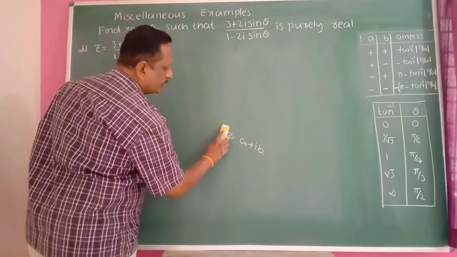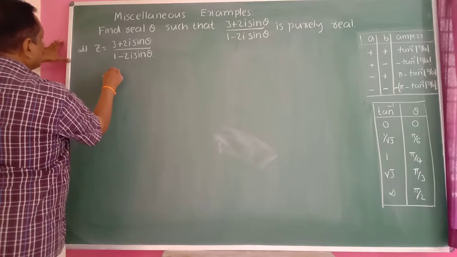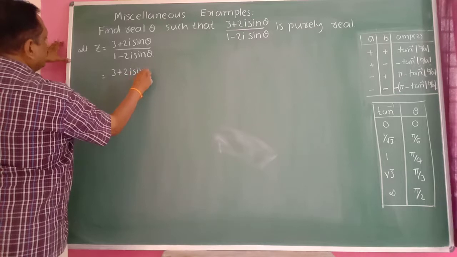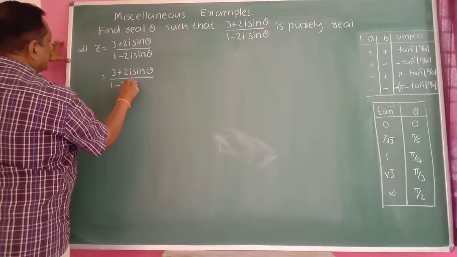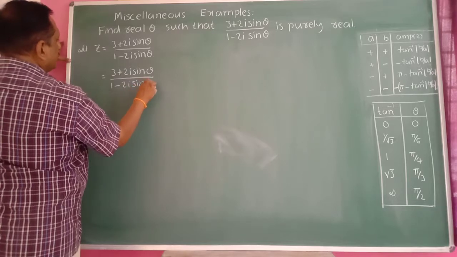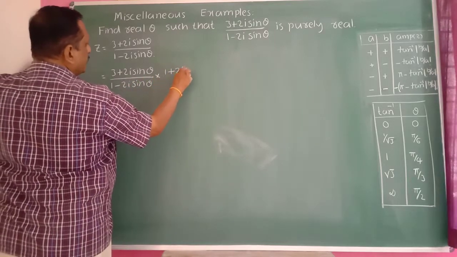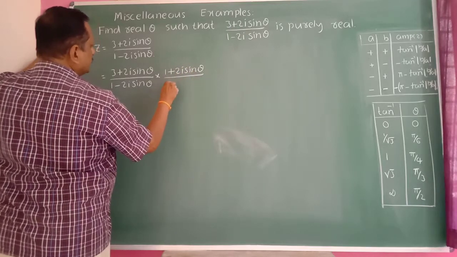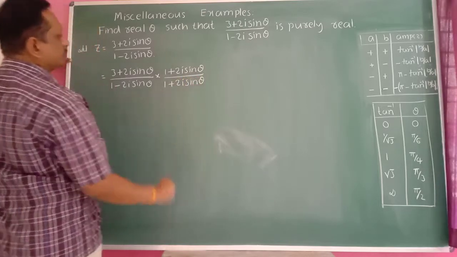Okay. Therefore rationalize here. 3 plus 2i sin theta divided by 1 minus 2i into sin of theta, into 1 plus 2i into sin theta divided by 1 plus 2i into sin of theta.